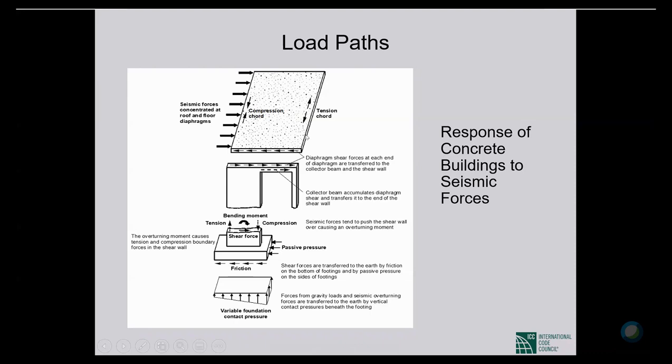And earthquake direction always being reversible, we don't provide chord reinforcement along one edge only. We will provide chord reinforcement along the other edge also, because when the earthquake direction changes, it is directed from right to left; the left edge will be in tension and the right edge will be in compression. Anyway, those shears along the parallel edges will get transferred to the supporting frames or shear walls, which will bring them down to the foundation.